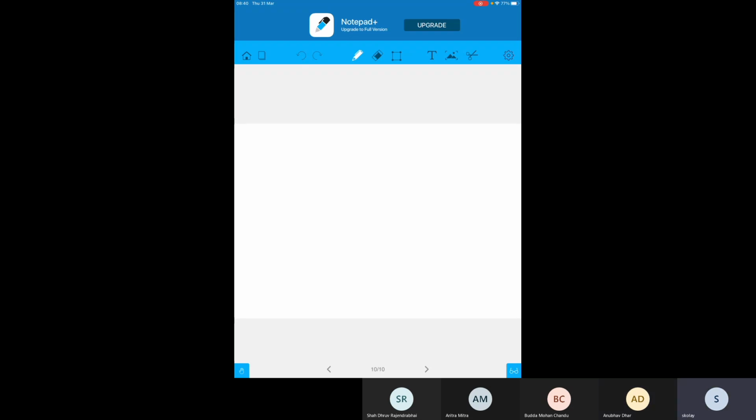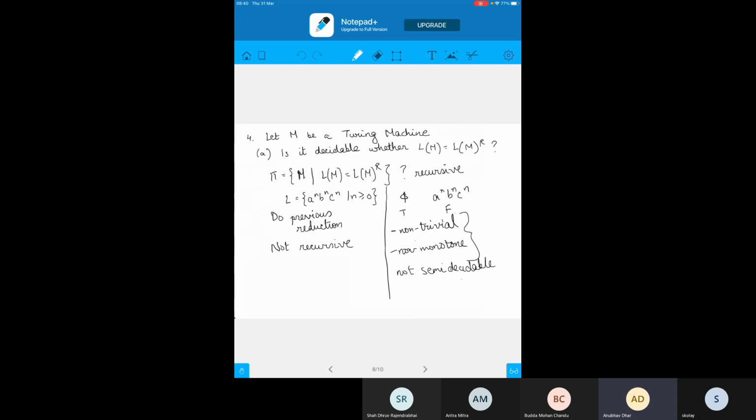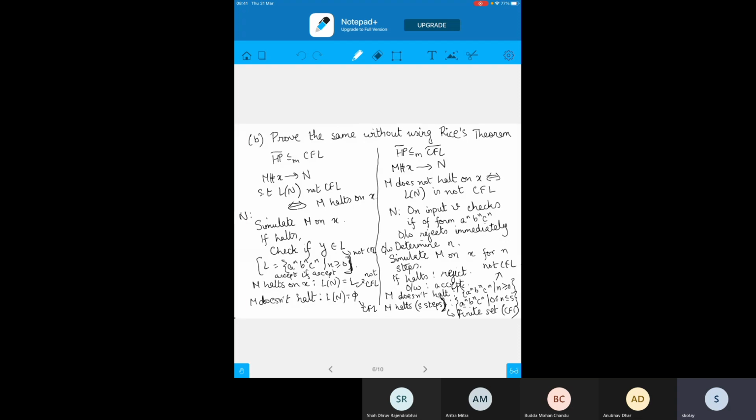Ma'am, in the question 3 part, both the languages don't hold this property of L(M) equals L(M) reverse. In question 3 part B, we were taking a n, b n, c n, and a finite subset of them. So what about if I give you a finite set of strings?